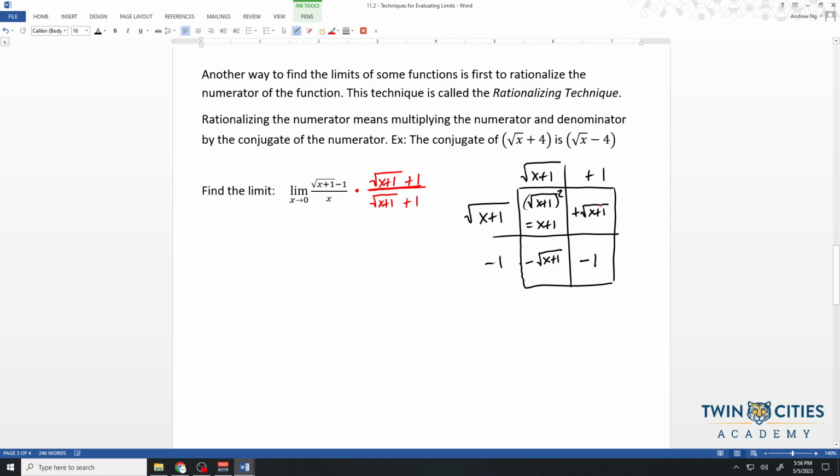Combining like terms, those will subtract out. I've got a positive square root of x plus 1 and a negative square root of x plus 1. So what do I have here? This will be x plus 1 minus 1 on top, over, I'm going to leave this as x times the square root of x plus 1 and then plus 1.